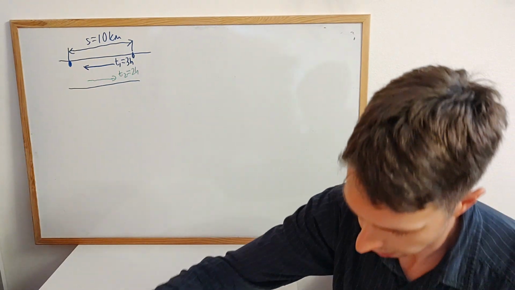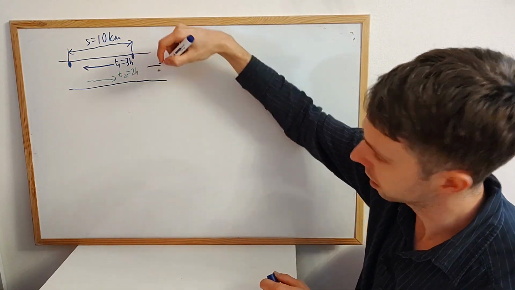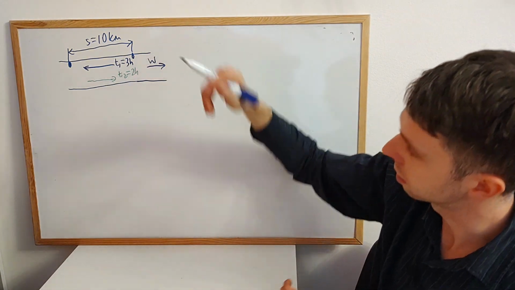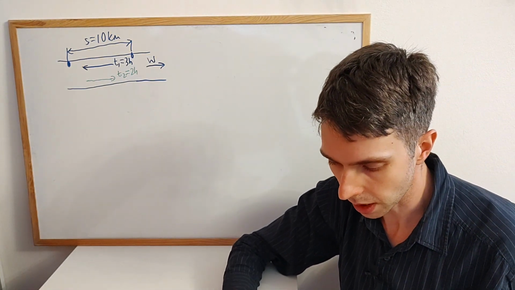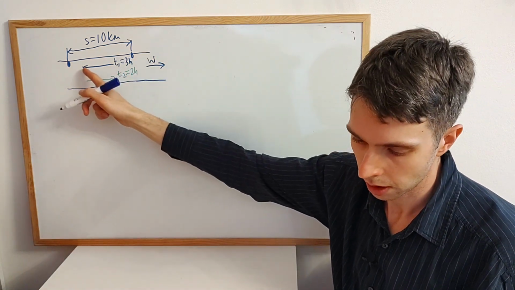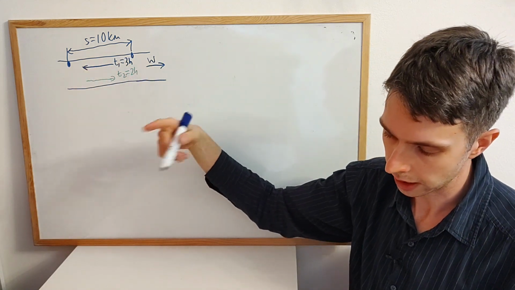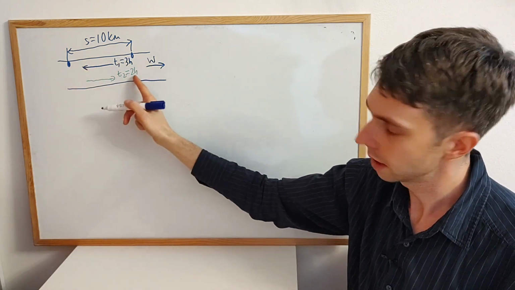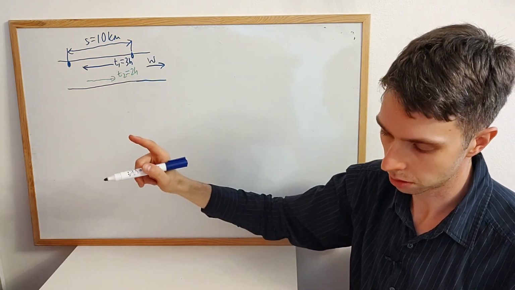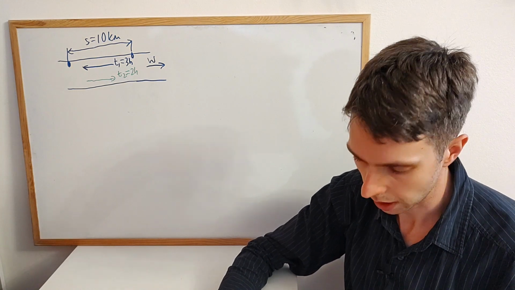So let's say the current of the river is in this direction, and let's call the speed of the current W. And this took him 3 hours. Then he returned kayaking with the current in 2 hours. So it's time t1, time t2, and distance s is 10 kilometers.